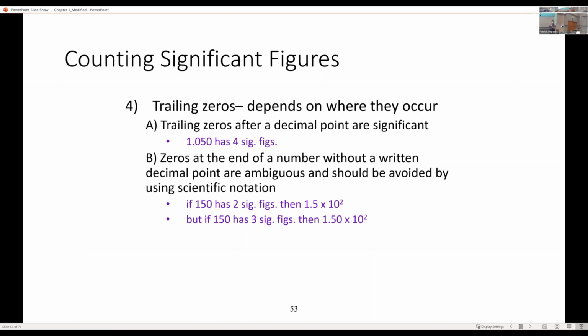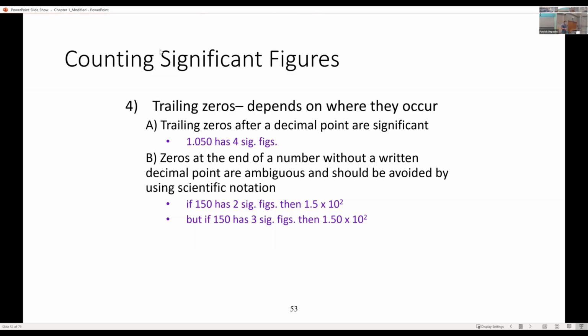If you have a decimal point in the number, such as 1.050, that trailing zero will count as a sig fig, because the decimal shows you that it's part of an actual measurement that went to that degree of sensitivity. I'm not going to say accuracy or precision because those are different terms. If a number is sensitive, that means it goes to a lot of places.